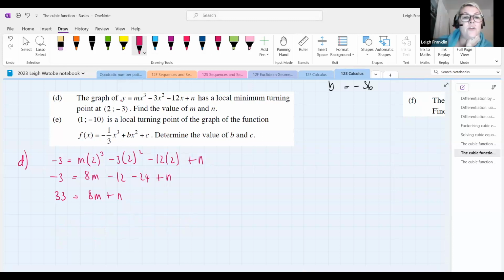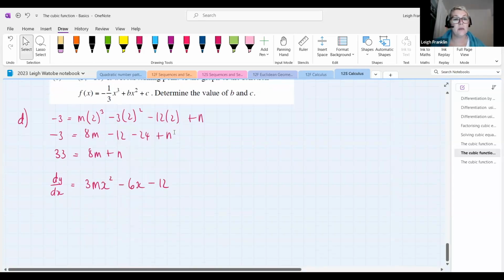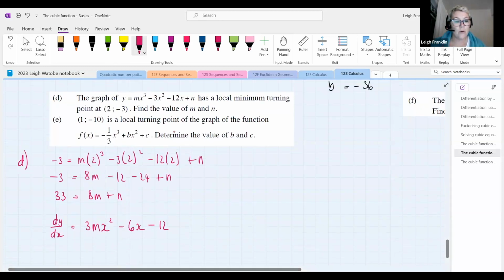So we've got one equation over here. The other one would be the derivative. So we would have dy over dx. That would give us 3mx to the power of 2 minus 6x minus 12. n would be seen as a coefficient. So you know that the gradient is 0.